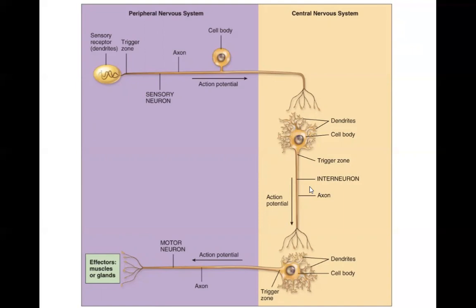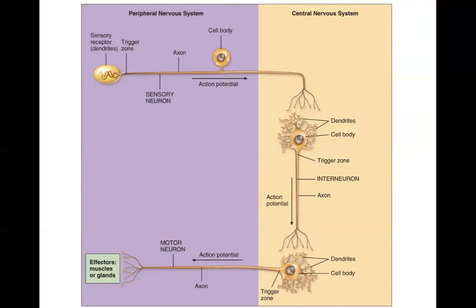Inter means between. Interneurons are located between sensory and motor neurons. Notice interneurons are located entirely within the central nervous system. They are multipolar in structure.